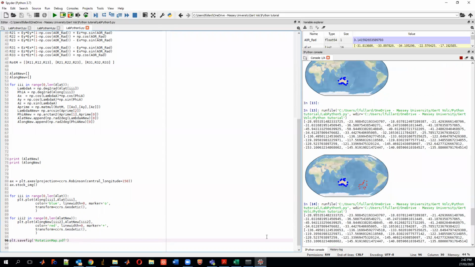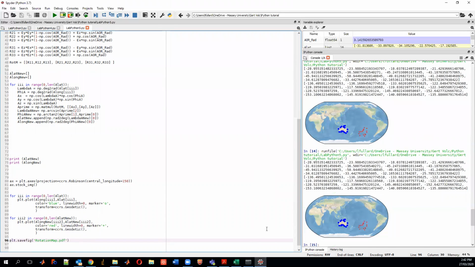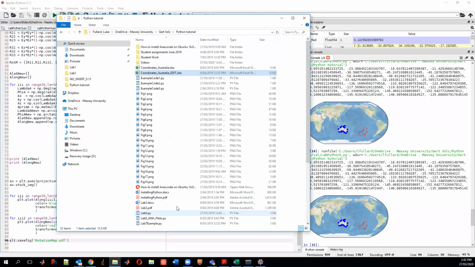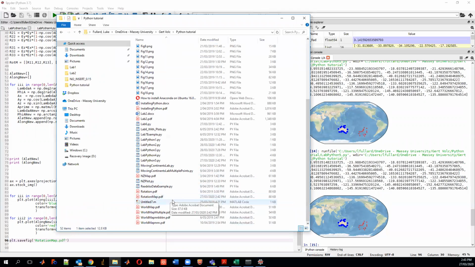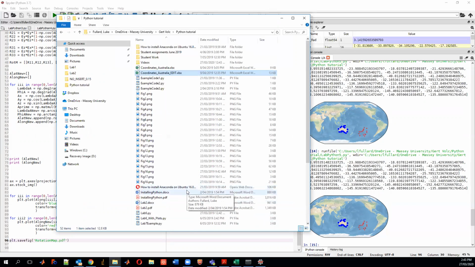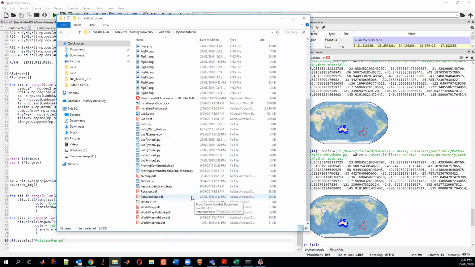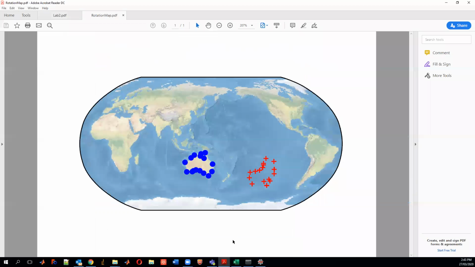Run that one more time and it succeeded. Now I should be able to find a PDF called rotation map somewhere. And of course I can't find it. Rotation map. There it is. So we've taken these points around Australia and rotated them around this Euler pole and moved them into the Pacific Ocean.